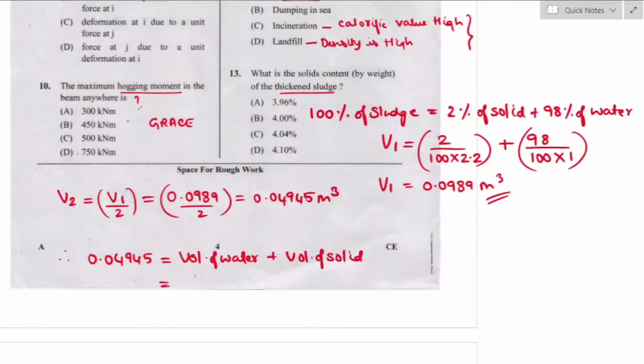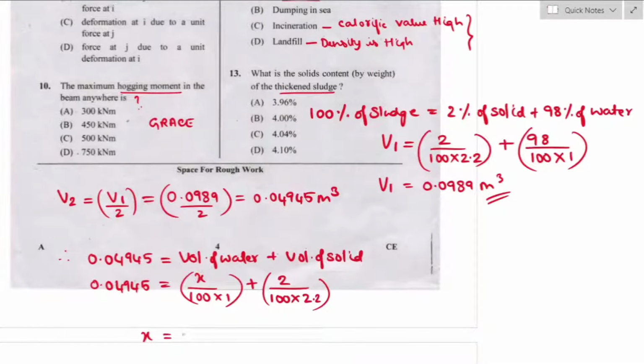So the volume of water is x%, so x divided by 100 into 1, plus the volume of the solid is 2%, so 2 divided by 100, specific gravity is 2.2. So on solving this, the volume of water, that is x, is equal to 48.545%. This is the volume of water.